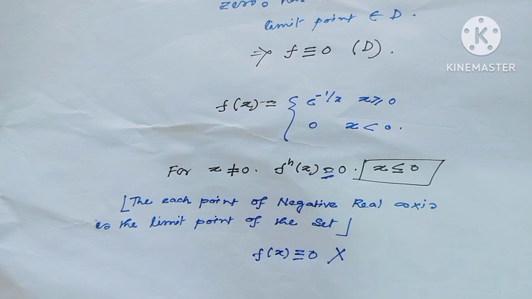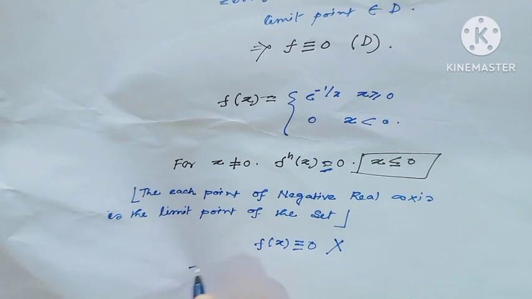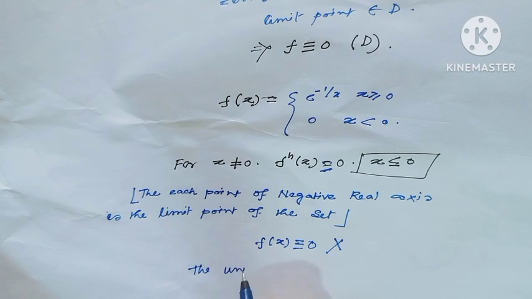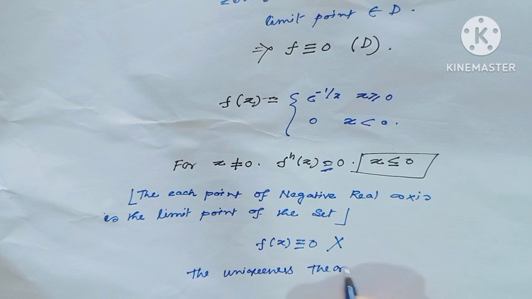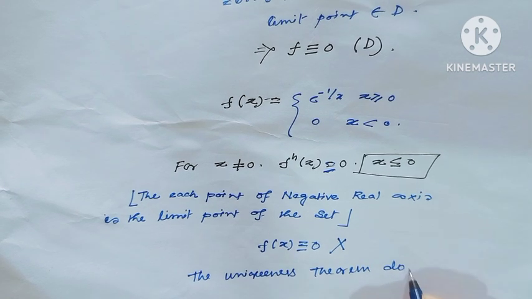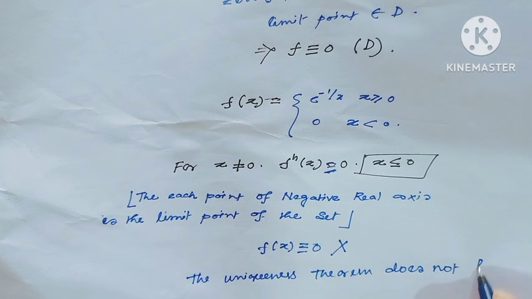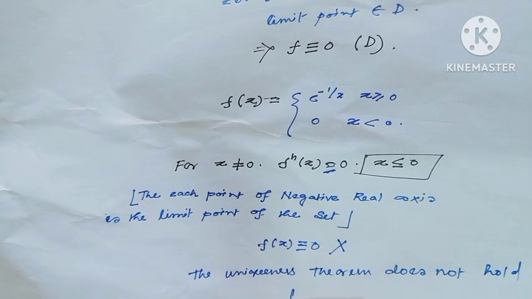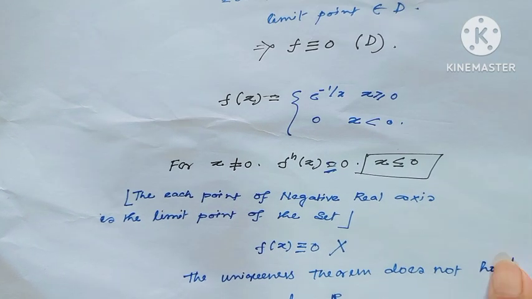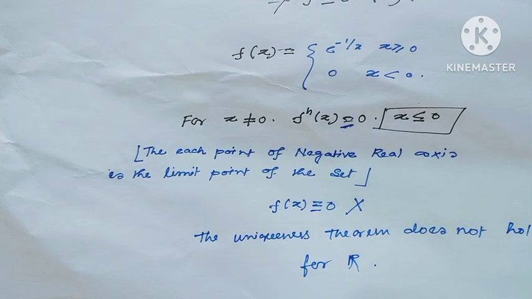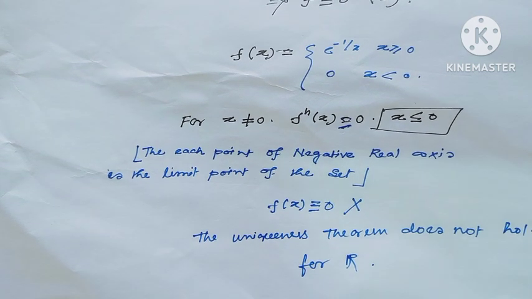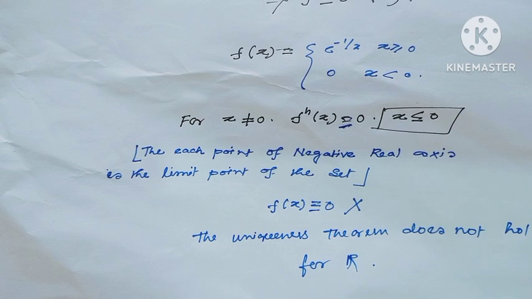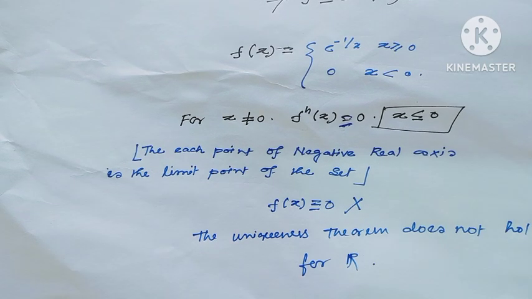Because the uniqueness theorem does not hold for R. So, we cannot tell the function f(x) is identically 0.